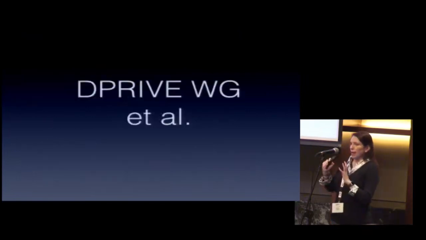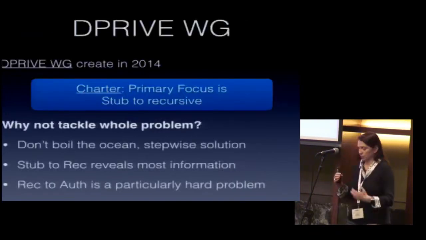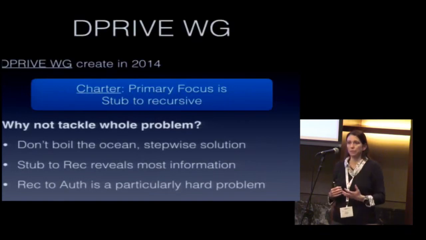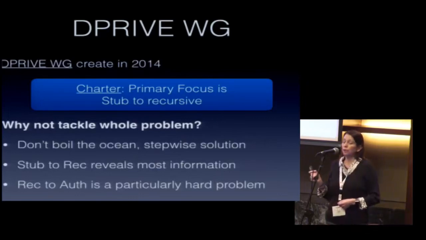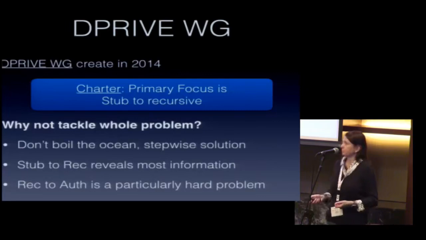So, having talked about the historical context for this, I wanted to move on and talk about what's been happening in recent years. One of the main places this work has happened is the DPRIVE Working Group, and this was created in 2014 in the wake of the Snowden revelations and the desire by the IETF to mitigate monitoring through protocol design.